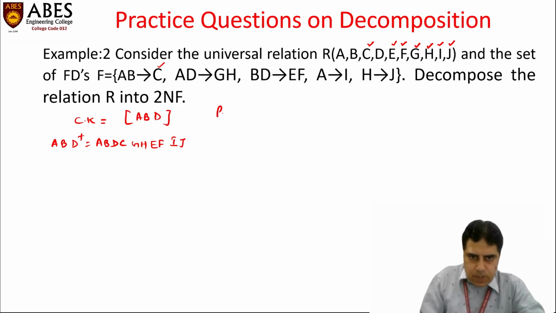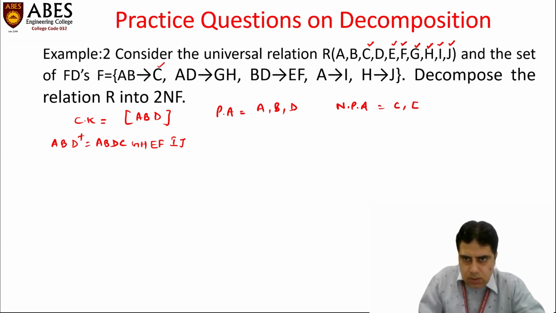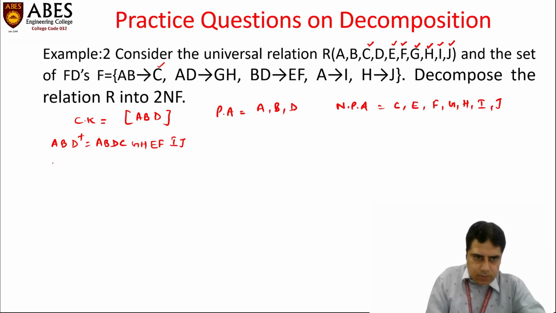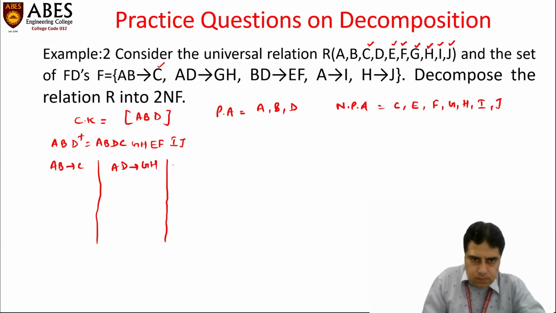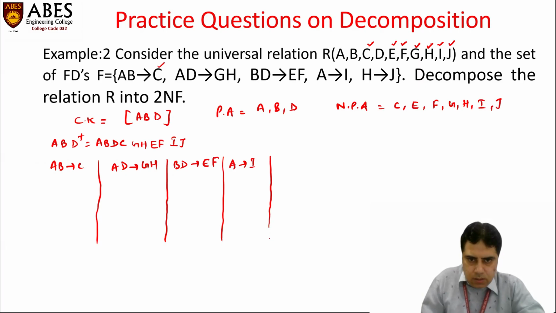So the prime attributes are A, B, and D, and the non-prime attributes are C, E, F, G, H, I, and J. Now take all the functional dependencies: AB determines C, AD determines GH, BD determines EF, A determines I, and H determines J. Now check whether this relation is in 2NF or not.